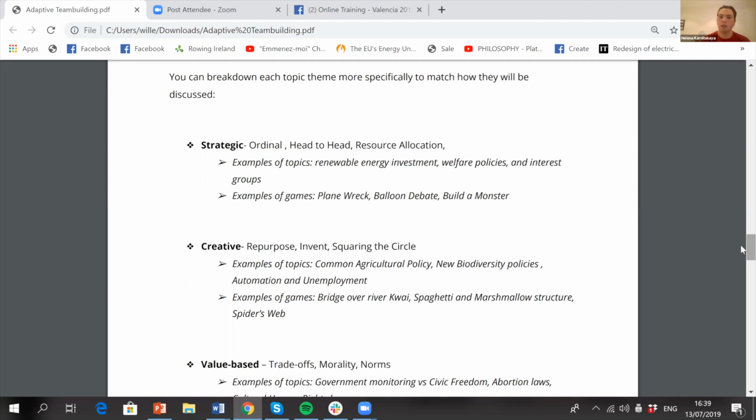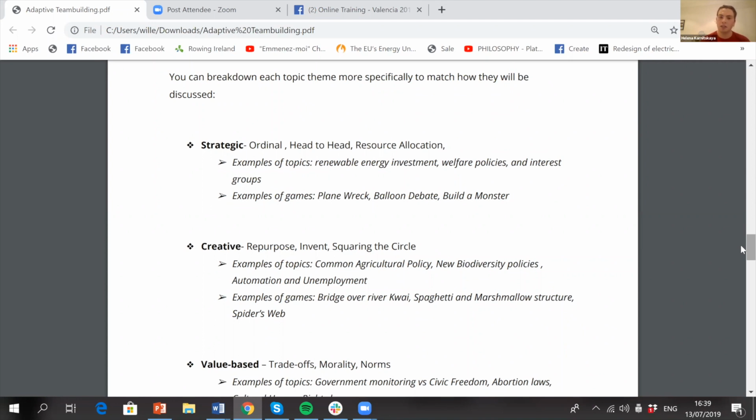And then finally, you have squaring the circle. What I mean by squaring the circle is trying to solve a problem that exists with something new, but the problem has been seen as one that can't be solved, an unsolvable problem, a Gordian knot, if you want to be specific about it.